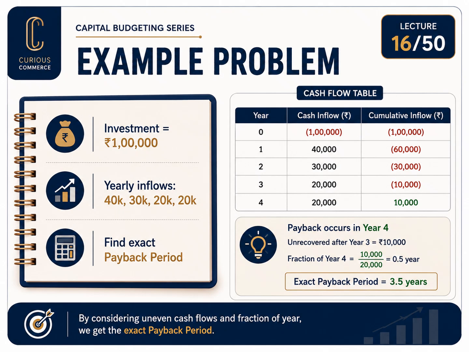The question is, find the exact payback period. This is a very important exam type problem. Whenever you see different inflows, never directly use the simple formula. First, calculate cumulative inflows, then find the remaining amount, then calculate the fraction. Let us do it carefully.